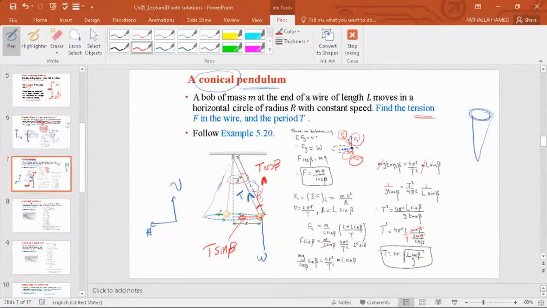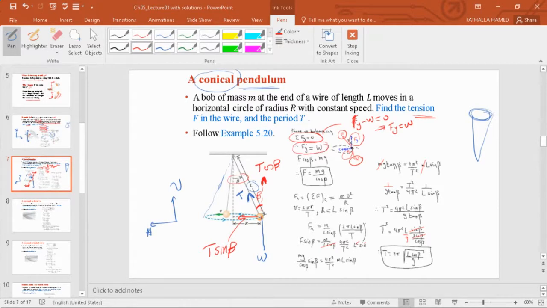So when we look at the forces along the y, there is no motion up and down. So it's equal to 0. And the only forces that you see here, you will say it is the Fy minus W should equal 0, which indicates that the Fy should equal W. And that's what we have here.